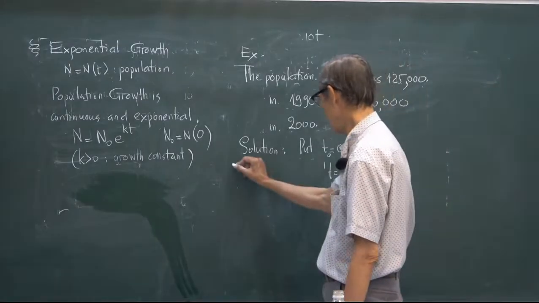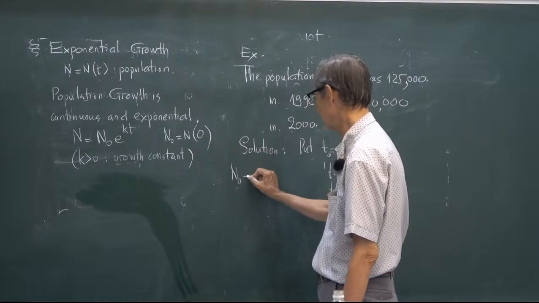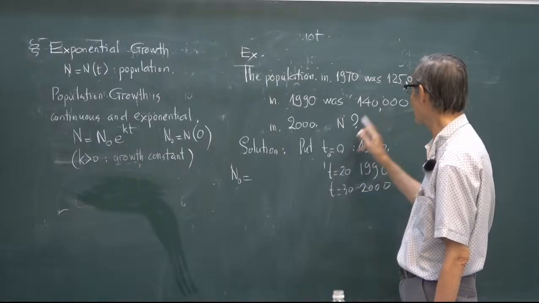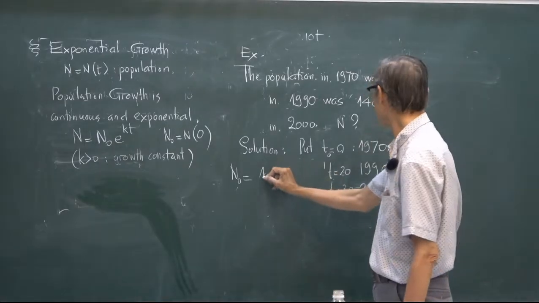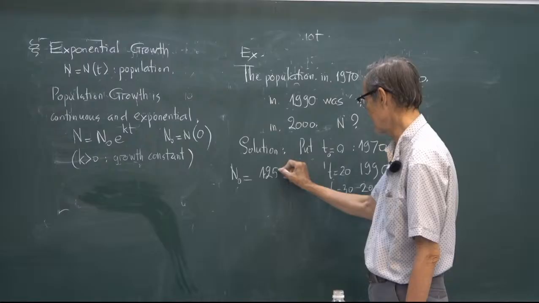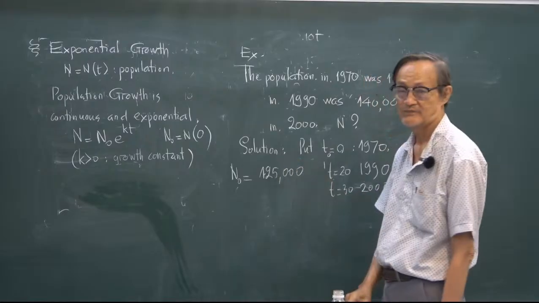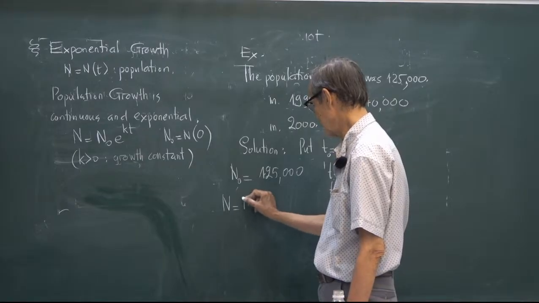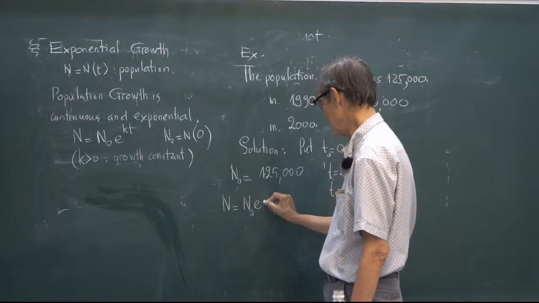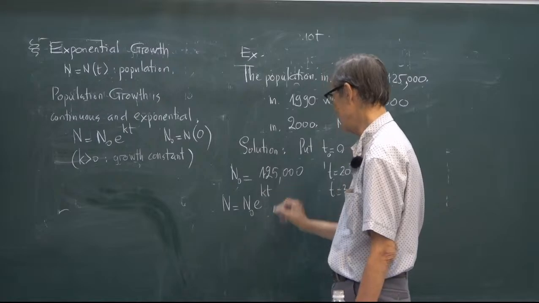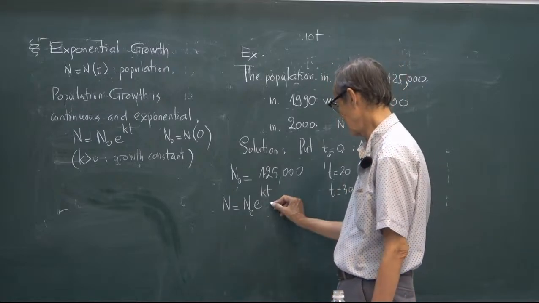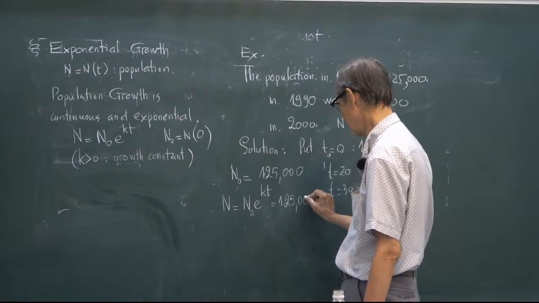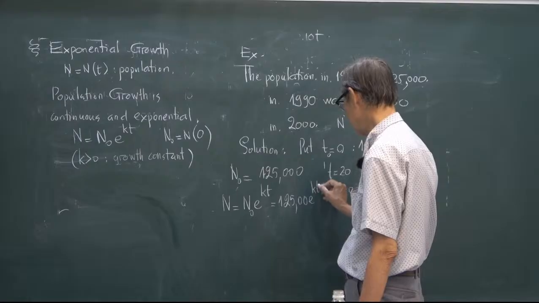We have N0 at t equals 0 here, 125,000. So N equals N0 e power kt equals 125,000 e power kt.